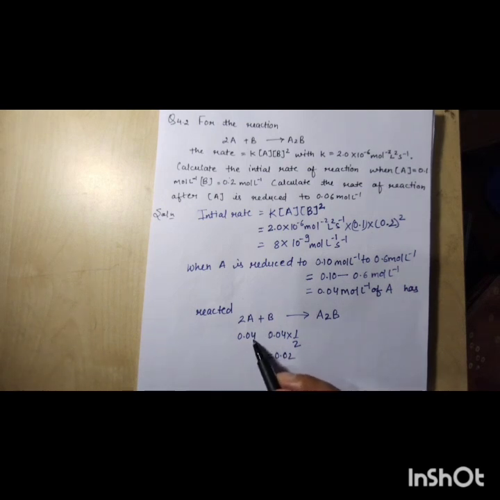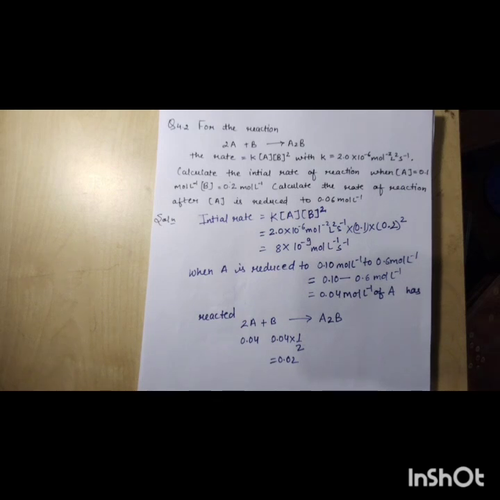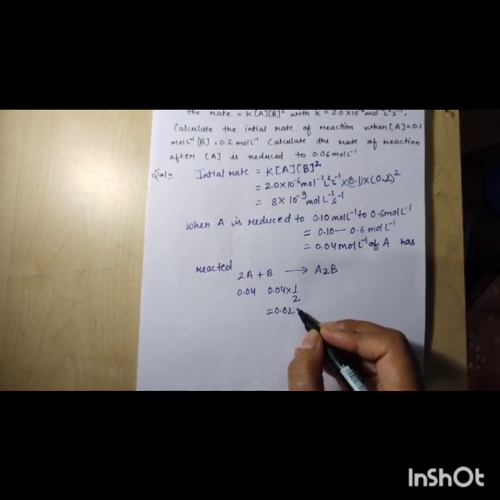Here 2 moles is 0.04, and for B we take half, because it is half of 2A. So the moles of B reacted will be 0.02 mole per liter.